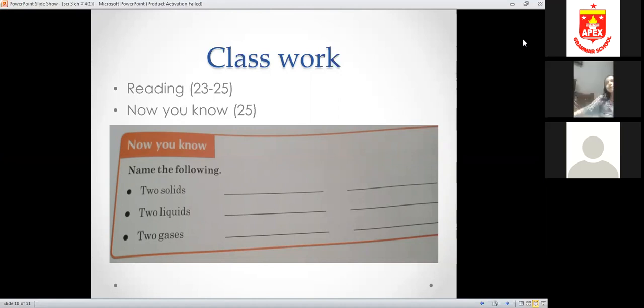So the next student who is going to read is Azan. Azan, continue from the next page, page number 24.